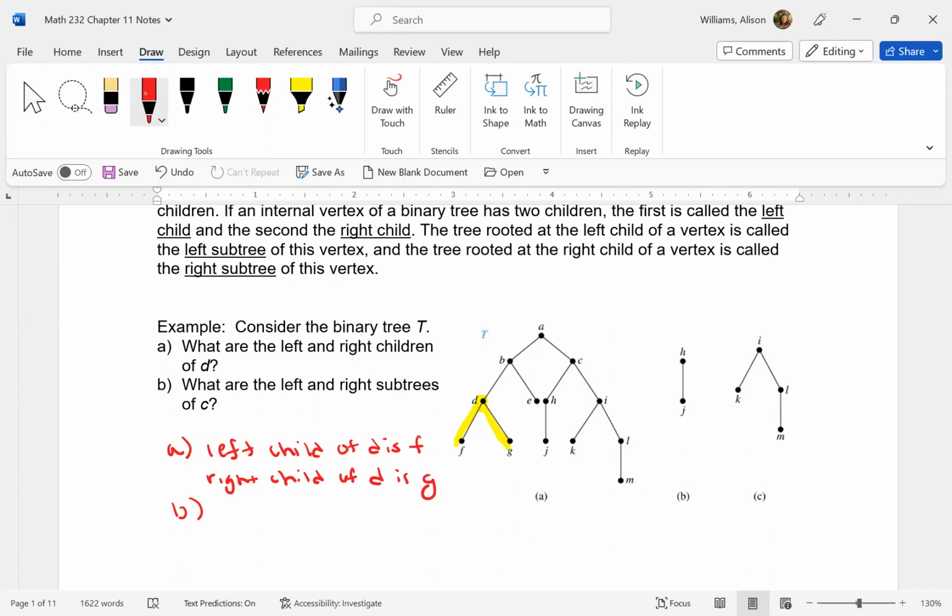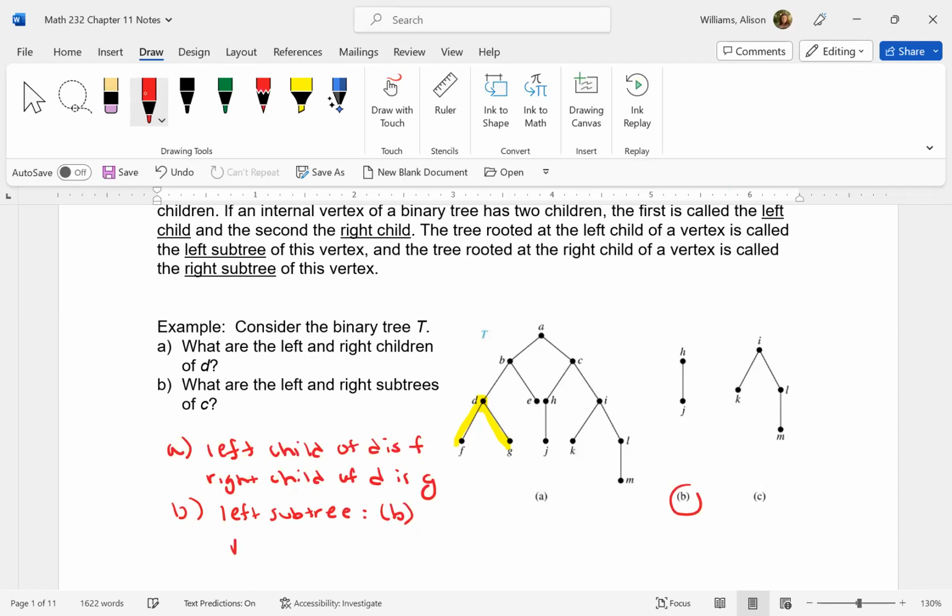All right, part B. What are the left and right subtrees of C? Well, actually, that's displayed here in the other 2 graphs. So for C, the left subtree is displayed in graph B here, this one.